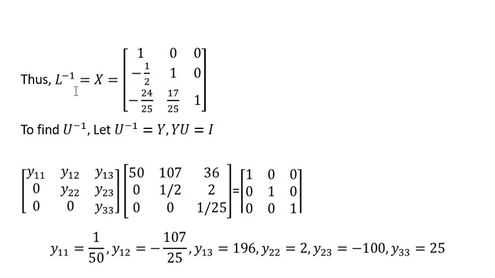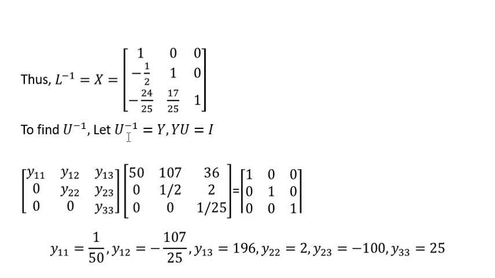Therefore, L inverse equal to X equal to 1 0 0; minus 1 by 2, 1, 0; minus 24 by 25, 17 by 25, 1, and similarly find U inverse also.